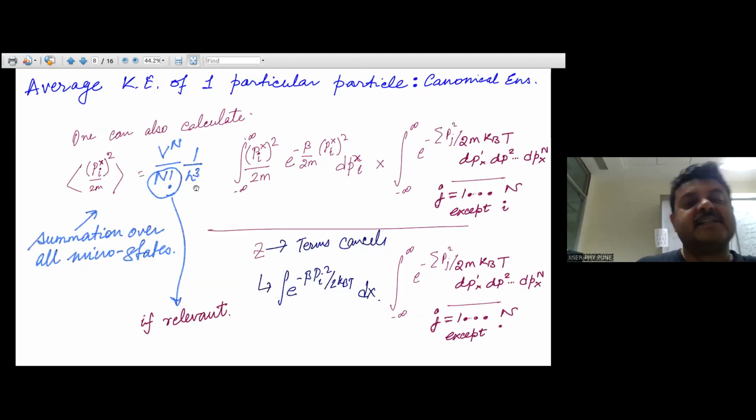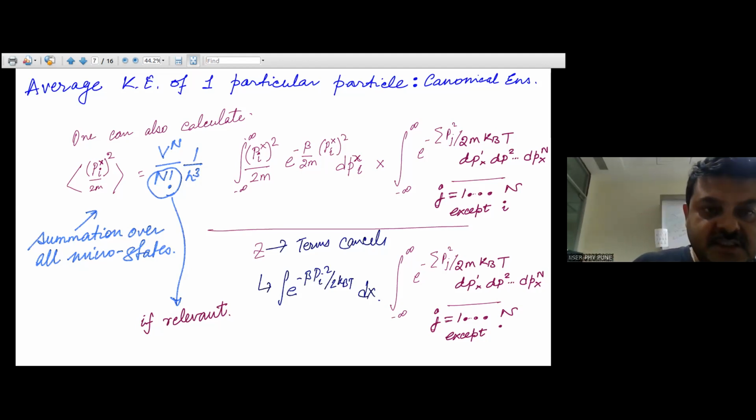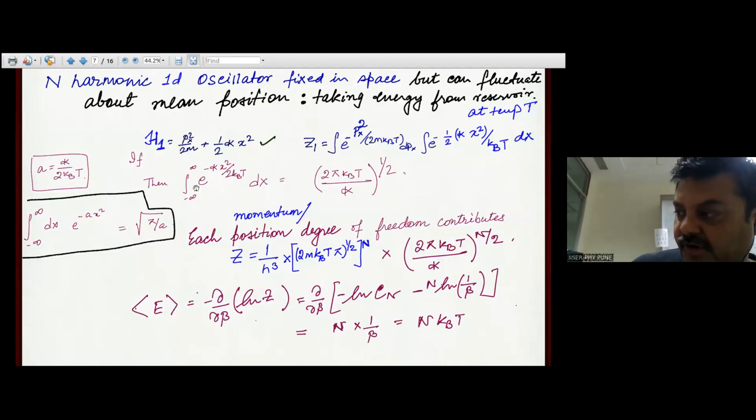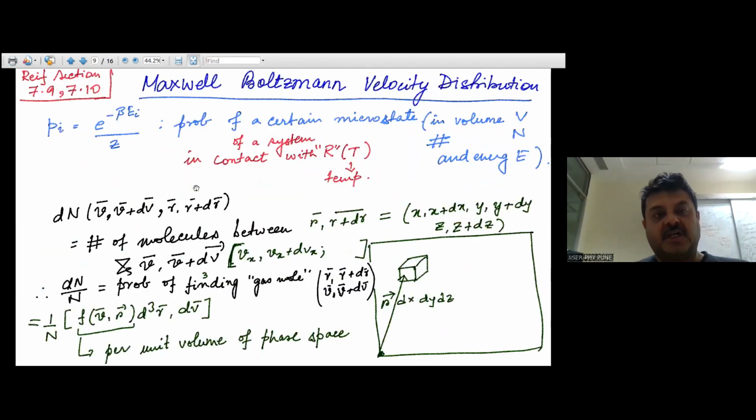By the way, these things are there in multiple books, including Reif. So you can just look up Reif, Pathria, Kardar, Huang, whichever. The equipartition theorem is there in every book. I think this is from Reif or Huang, but I'm not sure. Okay, this is the standard equipartition theorem. This part is definitely taken from Maxwell-Boltzmann, from section 7.9 and 7.10 of Reif.